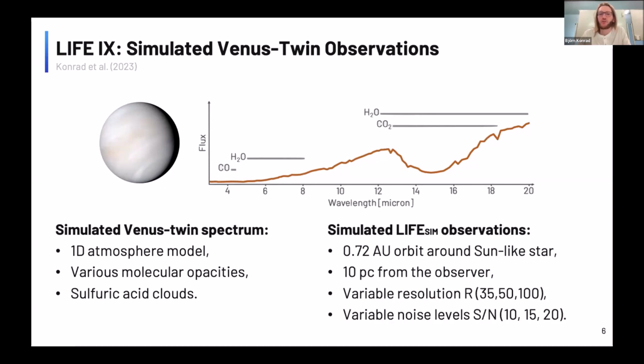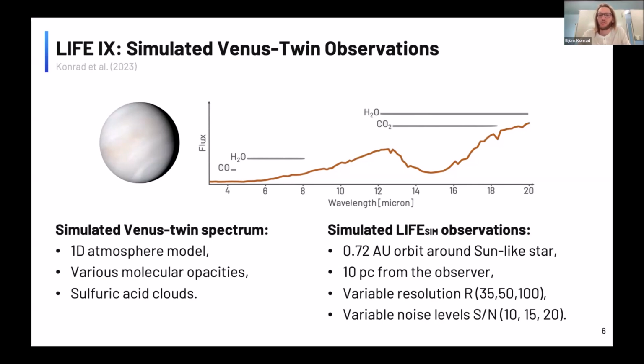And then we simulated observations of this Venus-like planet with Life. We put this planet on a 0.72 astronomical unit orbit around a Sun-like star, so it's really a Venus twin situation. We placed the system 10 parsecs away from the observer, and then considered different spectral resolutions.